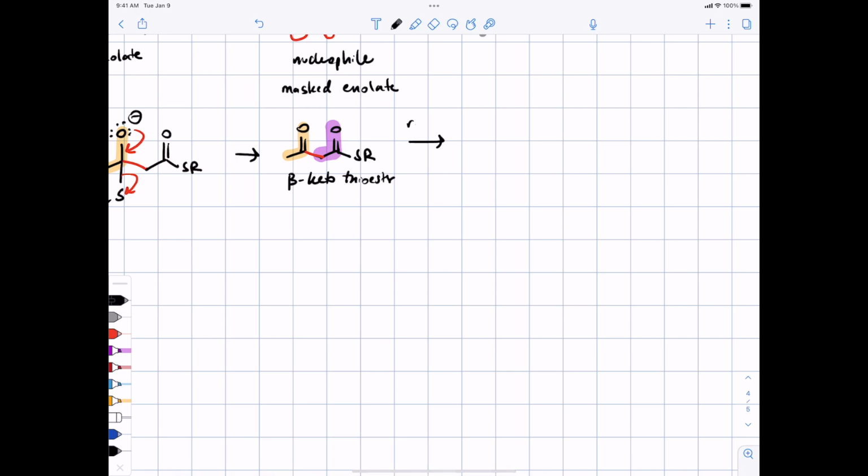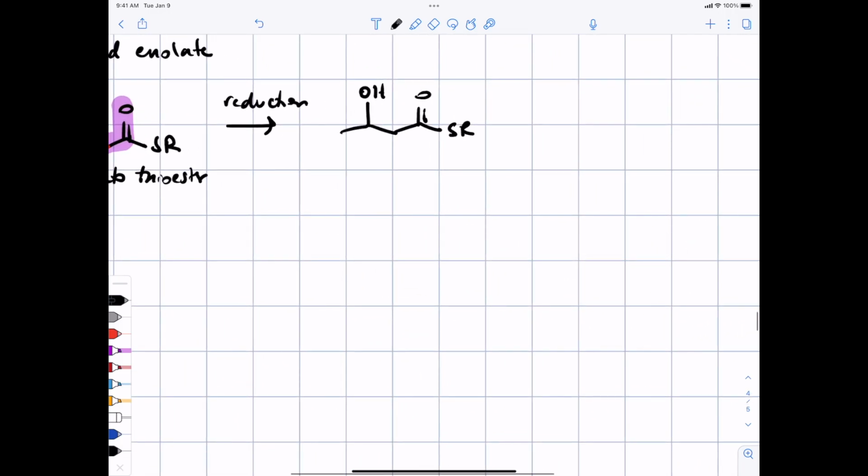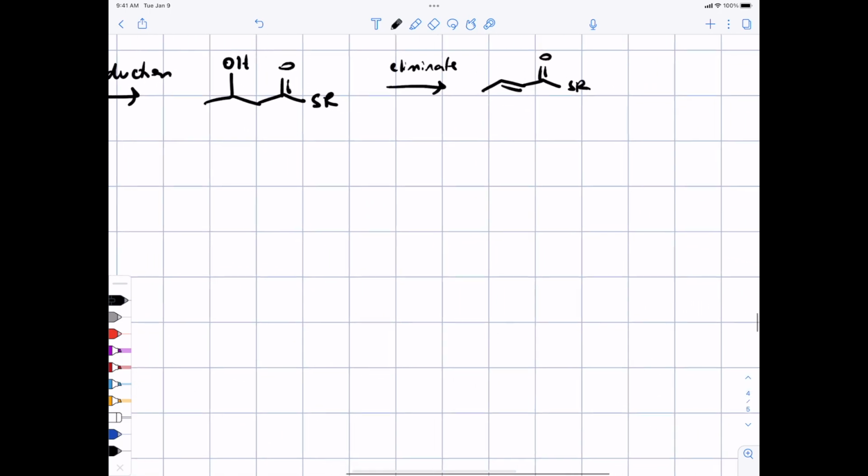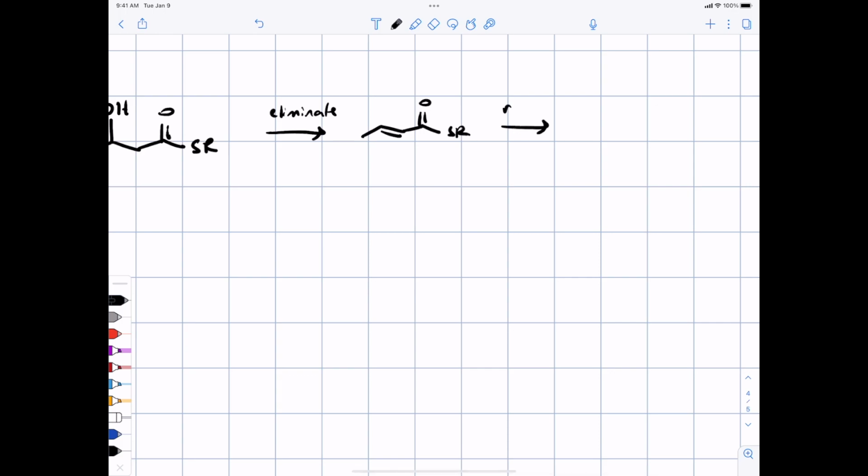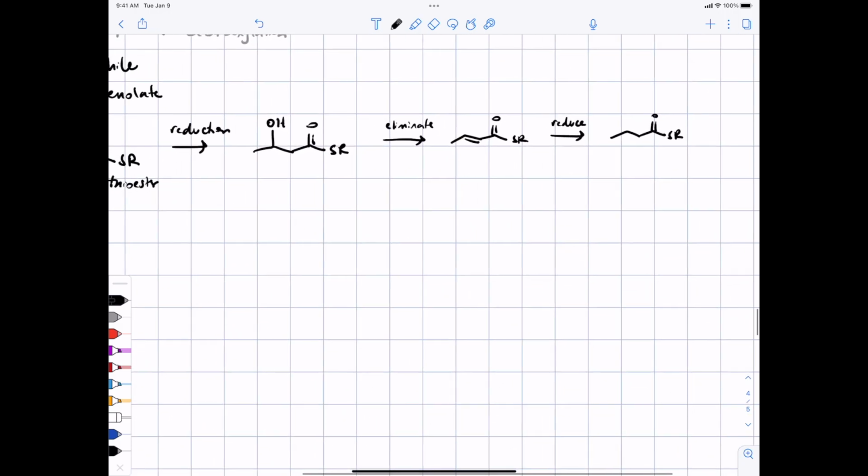One of them is a reduction reaction. We'll deal with that mechanism later. So you reduce to the beta hydroxycarbonyl compound. You eliminate to get the alpha beta unsaturated carbonyl compound, and then you reduce again, basically do hydrogenation to get the saturated hydrocarbon.